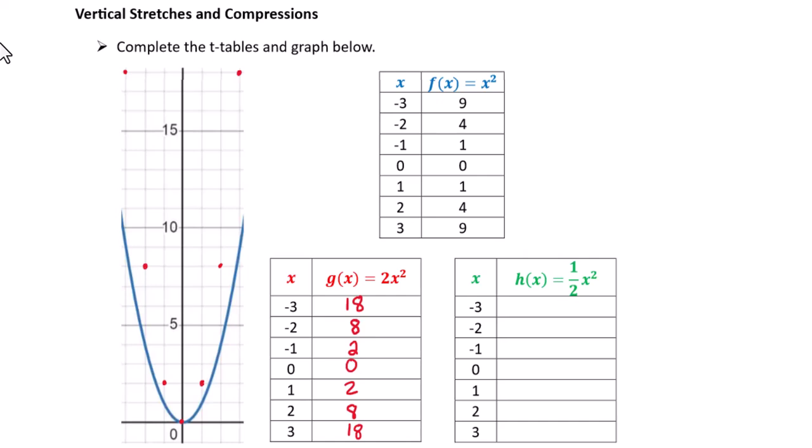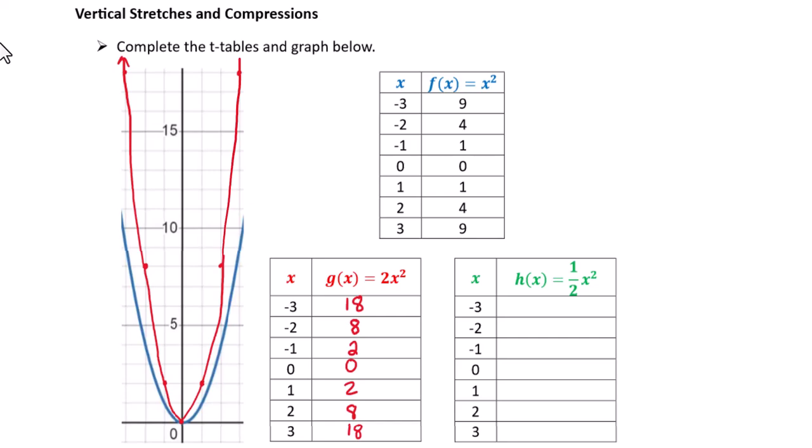And we can connect our dots here as smoothly as we can and see what kind of a graph we're getting from the same inputs that we had put in before.